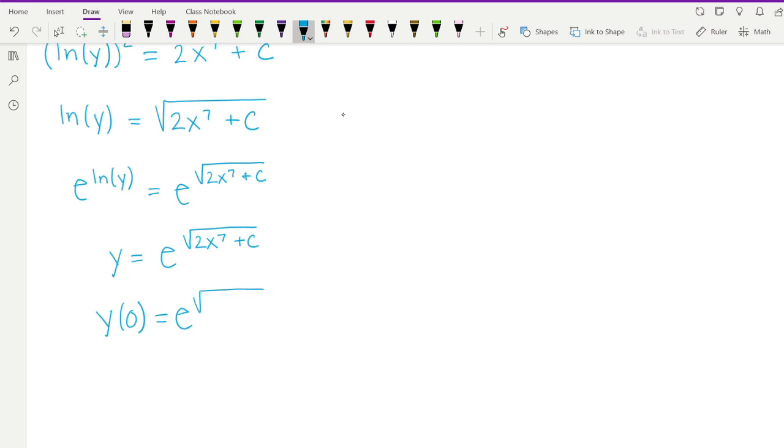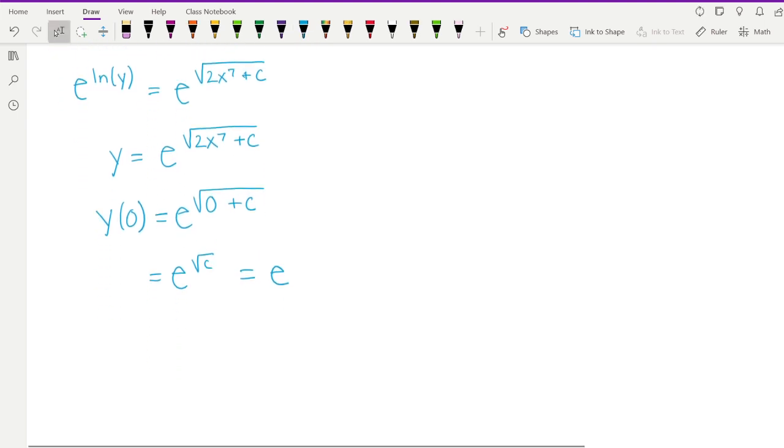If we plug in 0 for x, we get 2 times 0 to the 7th, so 0. That means we have y of 0 is equal to e to the square root of c. And according to our question, that's supposed to equal e.